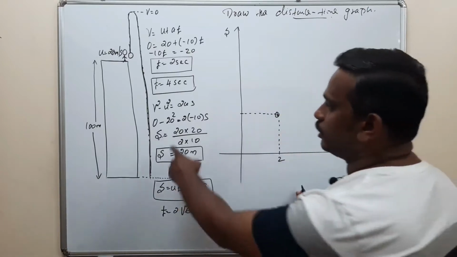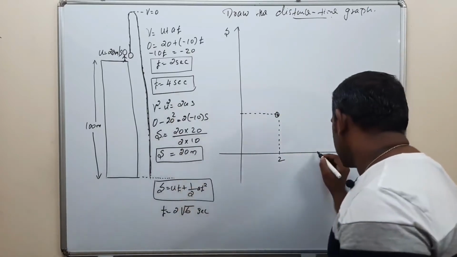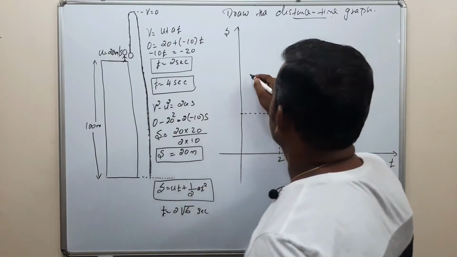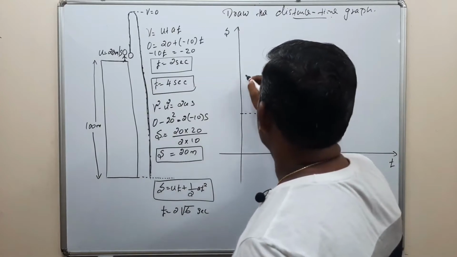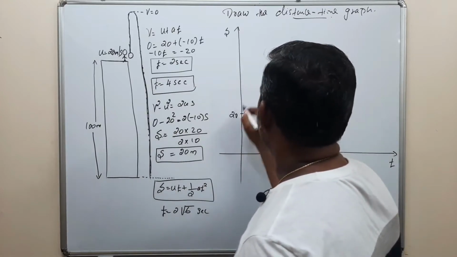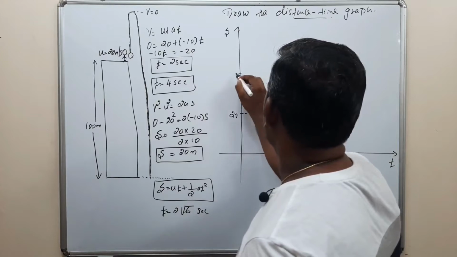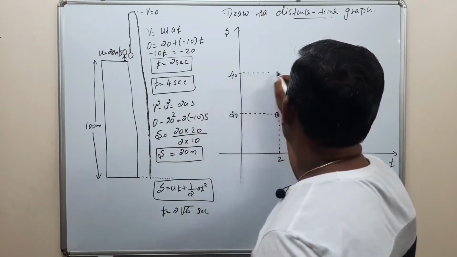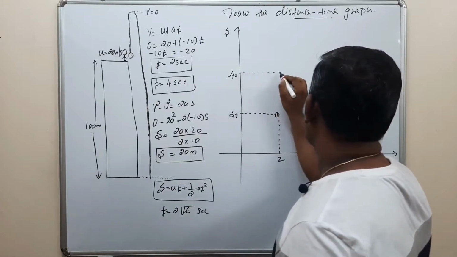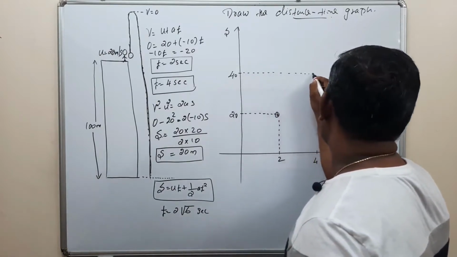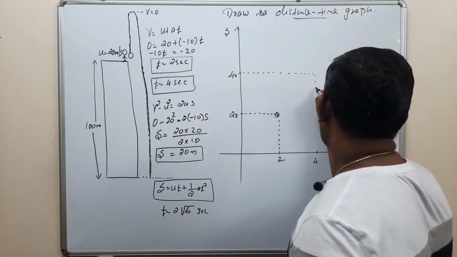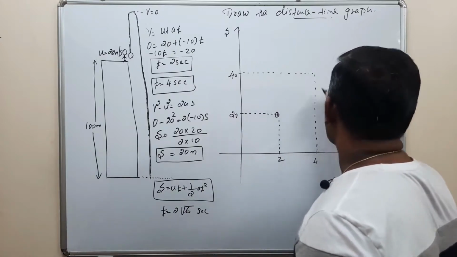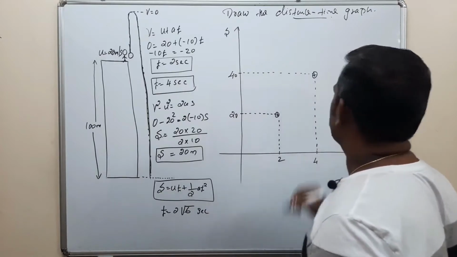When time t is equal to 4 seconds, the distance traveled by the ball is 40 meter.